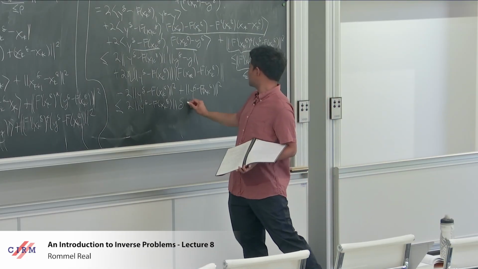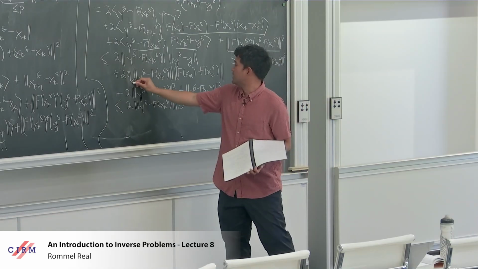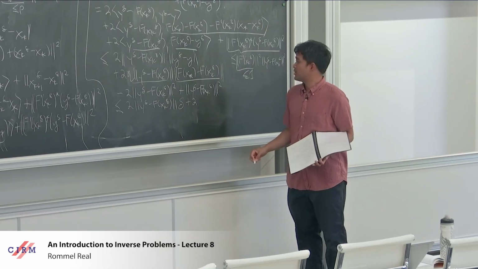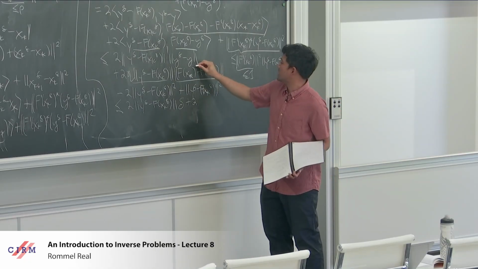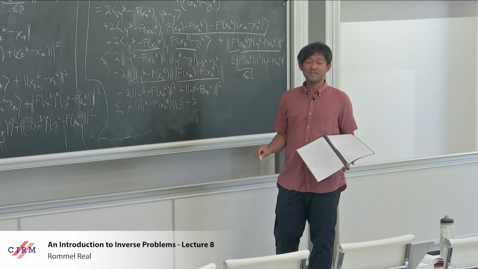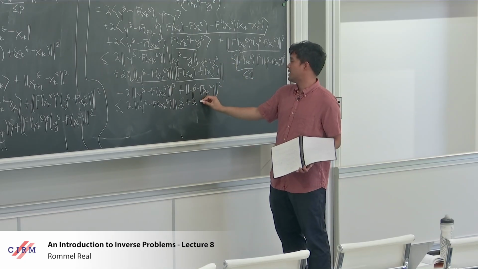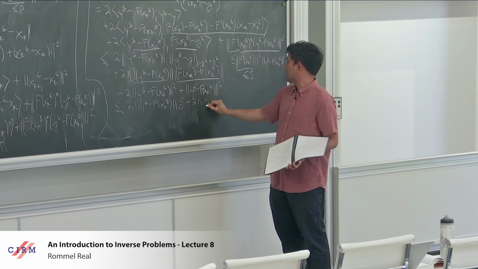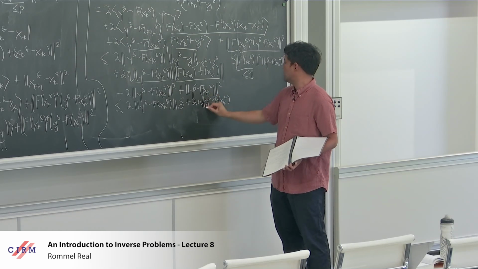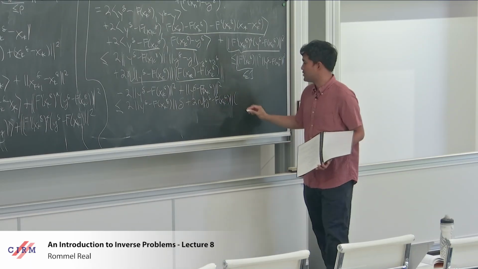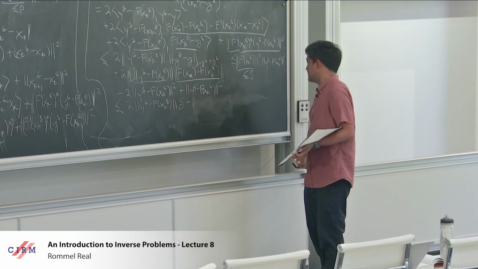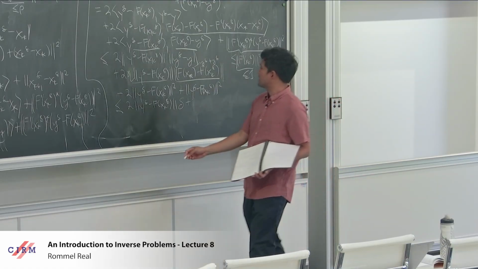Now for the second term, here, we'll apply the triangle inequality. So what we'll do, just imagine adding and subtracting y delta plus y delta. Okay? So we'll have something like this. Times, maybe I'll just put in the other line.